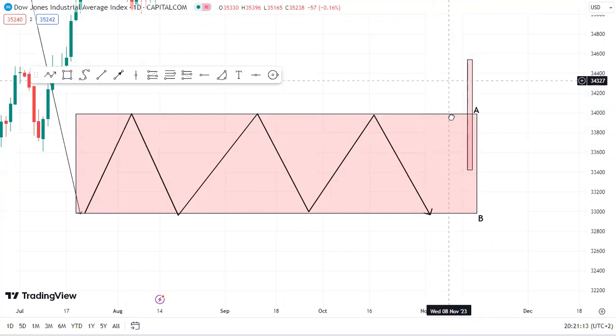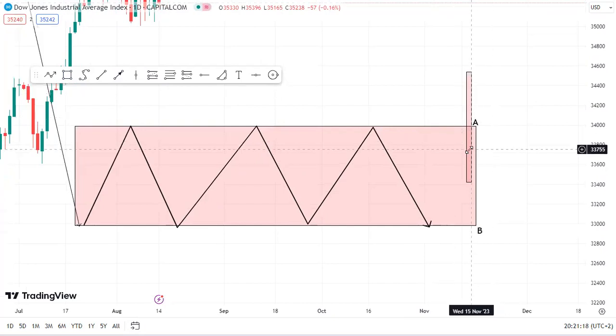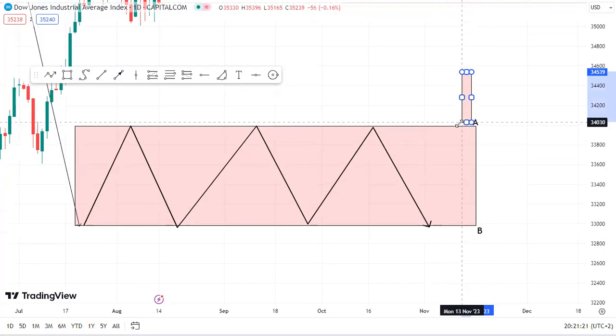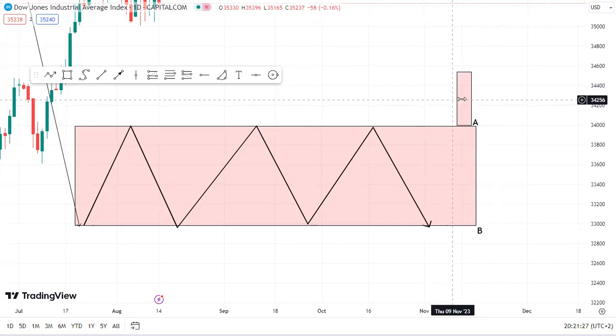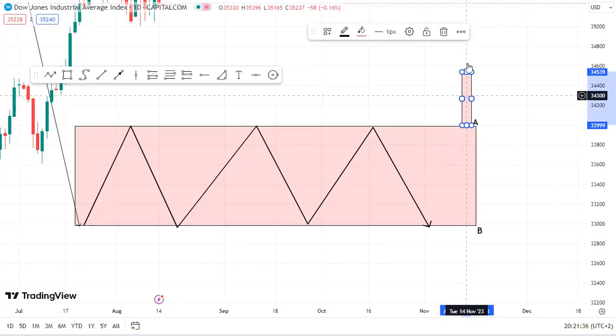The market should break your zone with a full candle. They wait for that candle, whether it's a 5 minutes candle or 15 minutes candle. You wait for that candle to close, right? Then another candle would form.